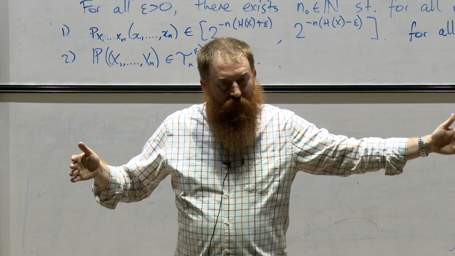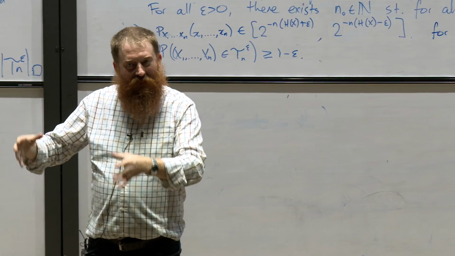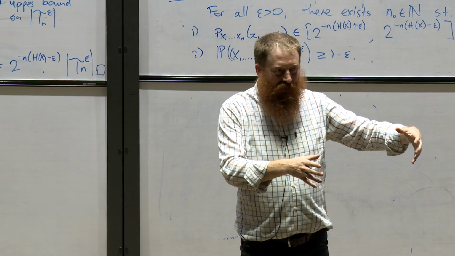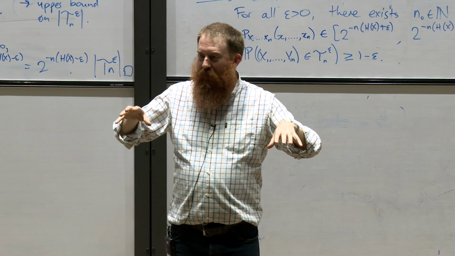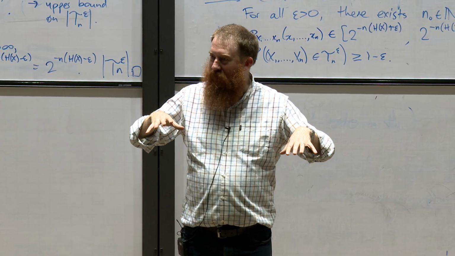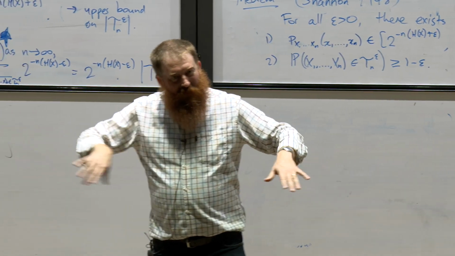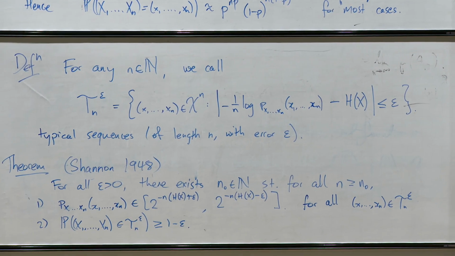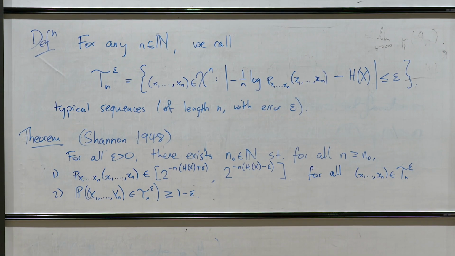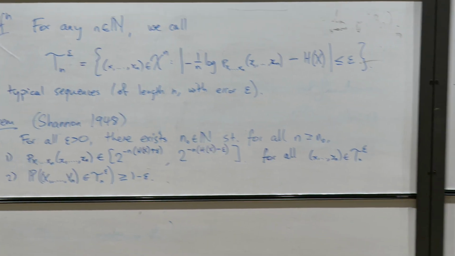The most likely sequence is a sequence of heads. But that doesn't converge to 60% of the time I get heads and 40% of the time I get tails. So the most likely outcome doesn't satisfy the weak law of large numbers. It just becomes very, very unlikely. So we're doing something a little bit sneaky by restricting to this typical set, which is where all my sequences are converging correctly.